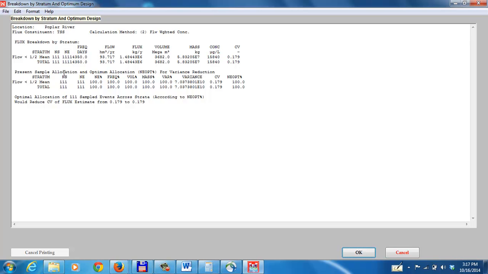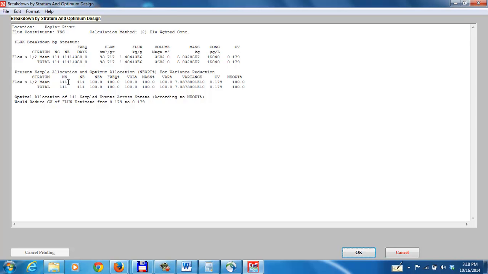If we look down here, the sample allocation presently and the optimum allocation, which is NE opt %, this table is going to show us how we might rearrange the sampling so that we can reduce the coefficient of variation. In this case, there's just one strata, so NS is the number of values in a particular strata.